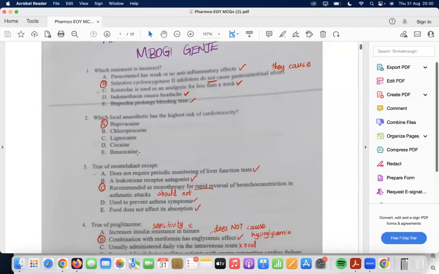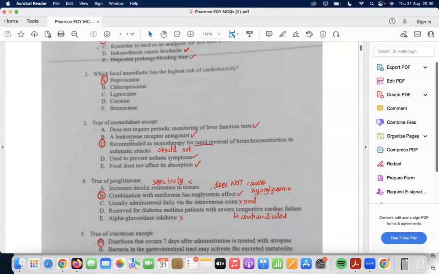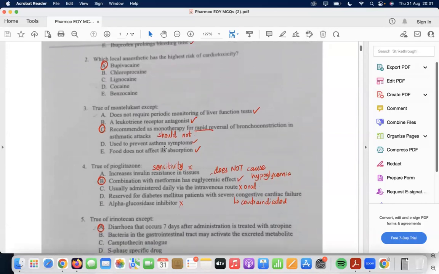Moving quickly to the next question. True of montelukast except. Montelukast is a leukotriene pathway inhibitor.